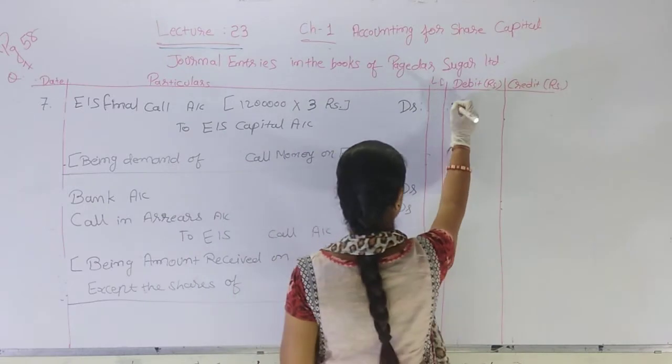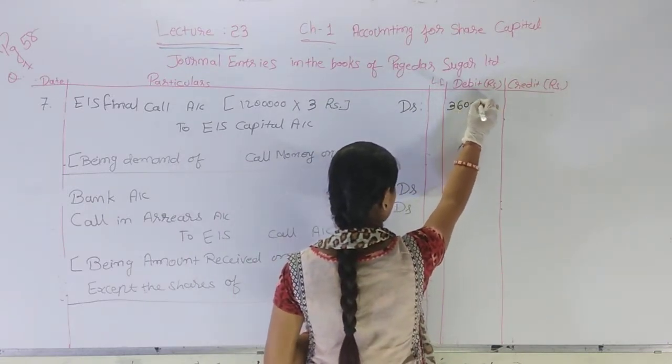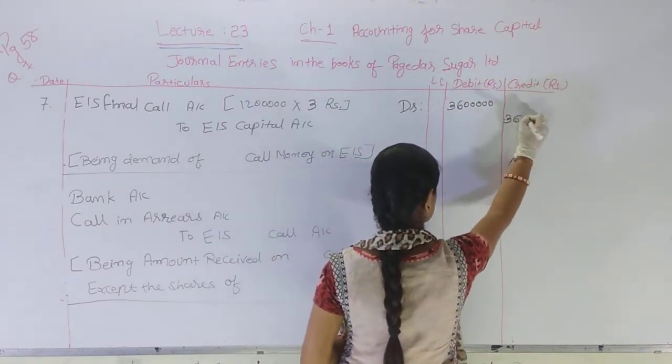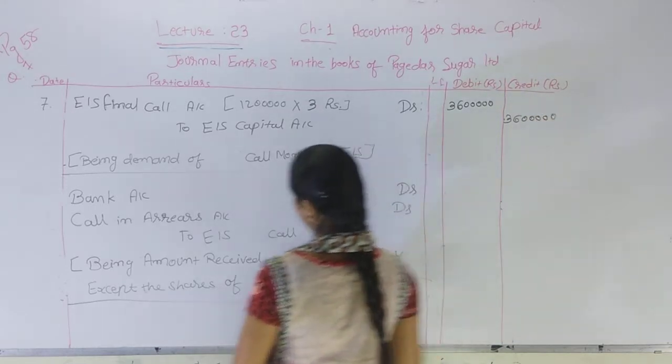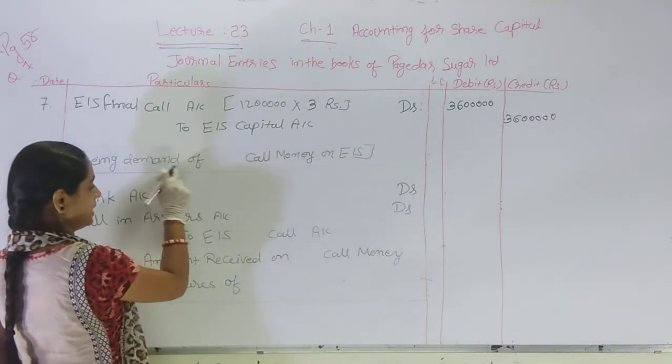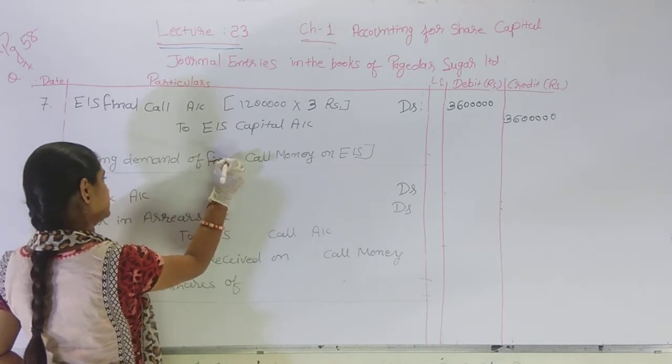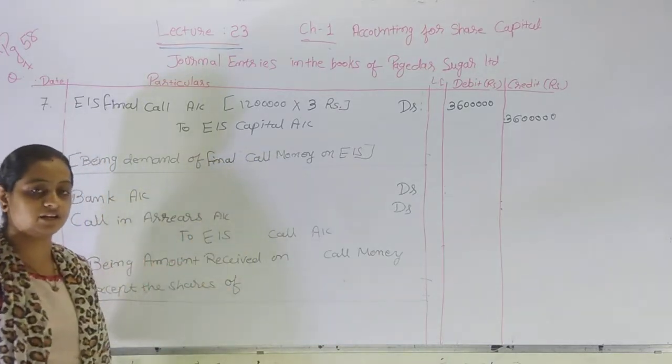So total we have to demand 36 lakh, right? For being demand of final call money, instead of first we have to write final.